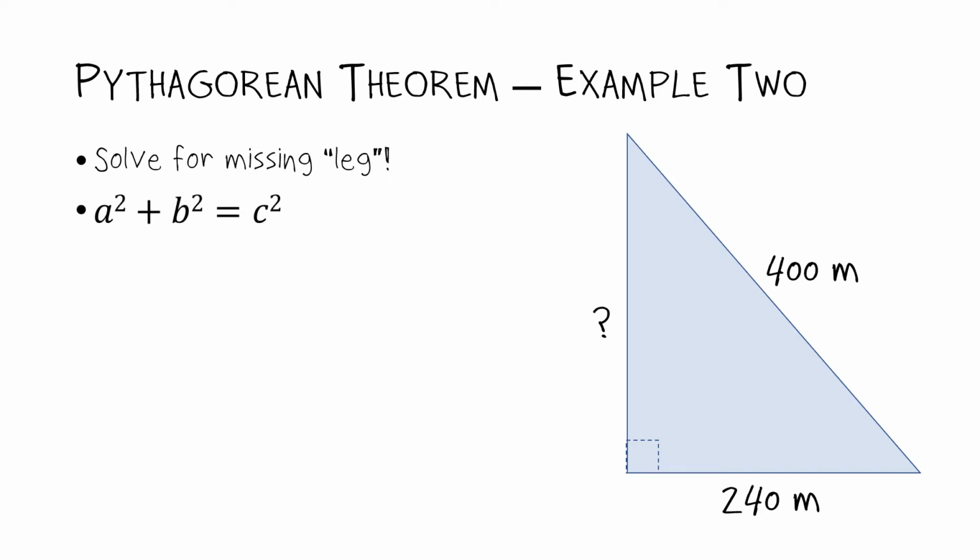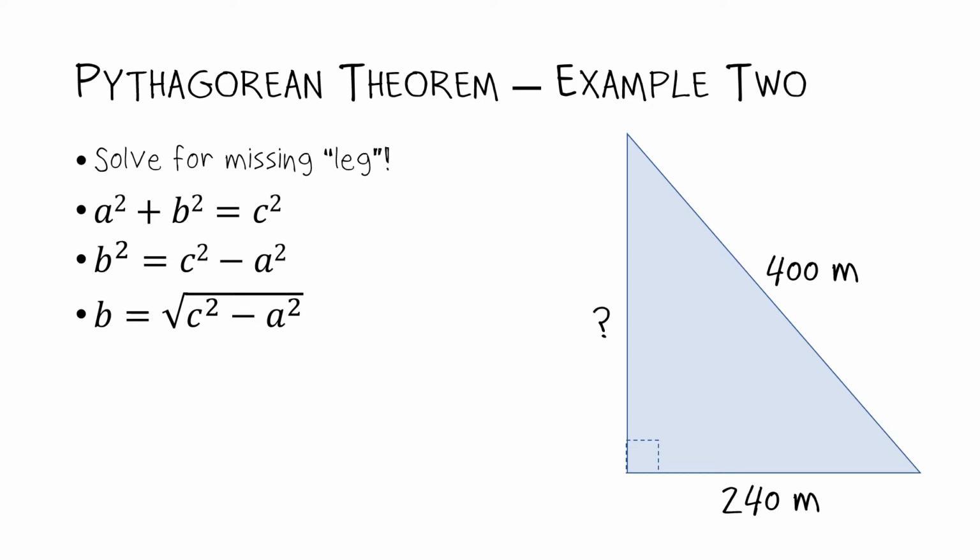Let's find out. In this case, again, it doesn't matter which one is A and which one is B. So we'll just arbitrarily say we're solving for B. In order to solve for B, we subtract a squared to the other side to get b squared by itself. Now b squared is not technically solved for yet because we want b, not b squared. So we take the square root of both sides.